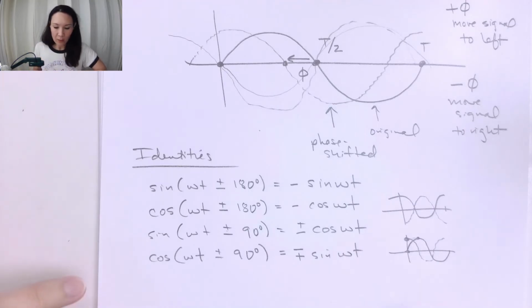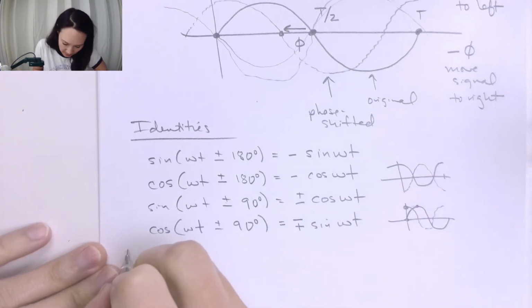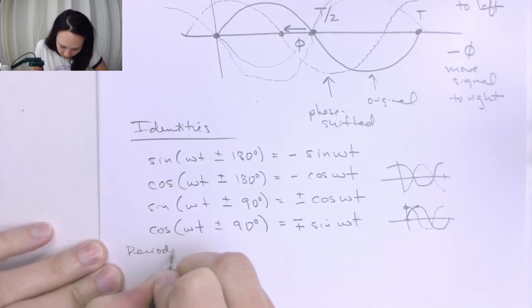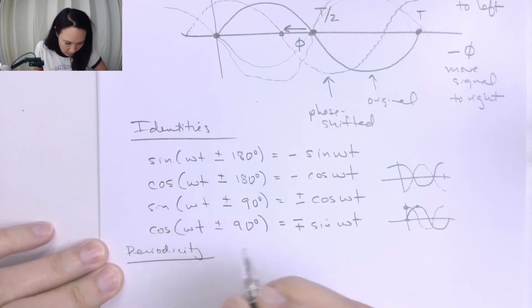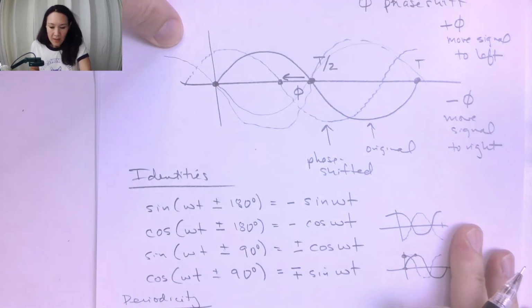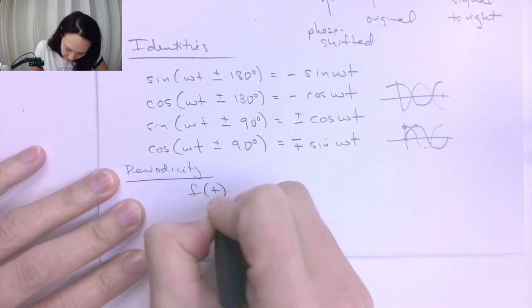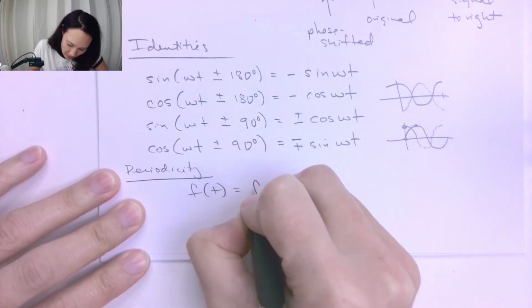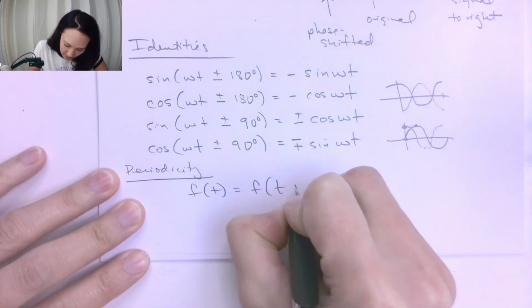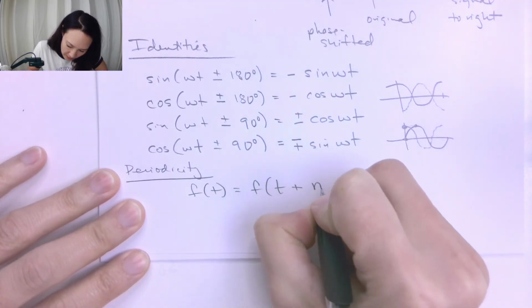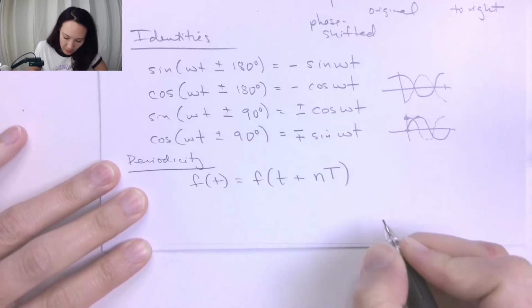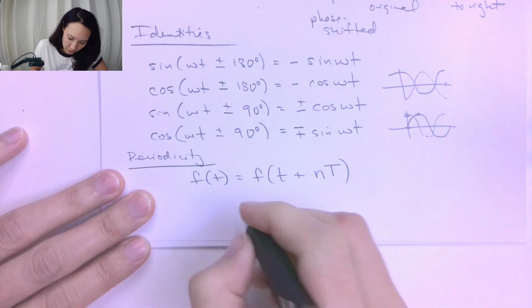So the next thing I kind of want to mention to you is this idea of periodicity for our signals. And that is that mathematically it looks like this. So any function of t, if you take that function and if you add to it any integer times the period, then you're going to get that original function back.